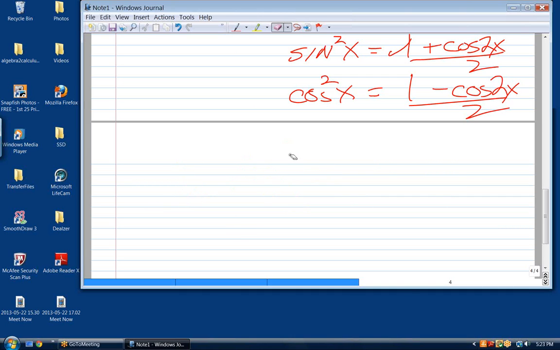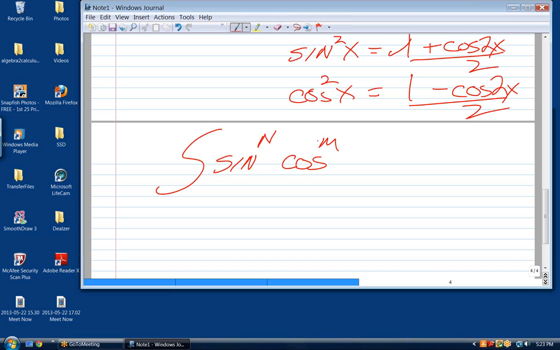Okay, so basically what we've learned how to do is all combinations of sine and cosine. Whether n and m are both even. If they're both even, I'm just going to use the Pythagorean identity and turn it all into one or the other.